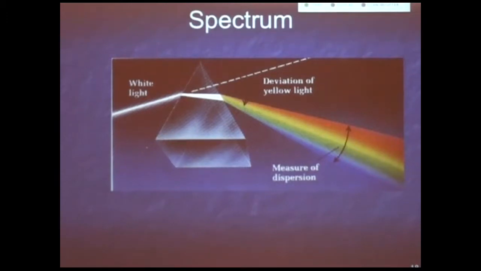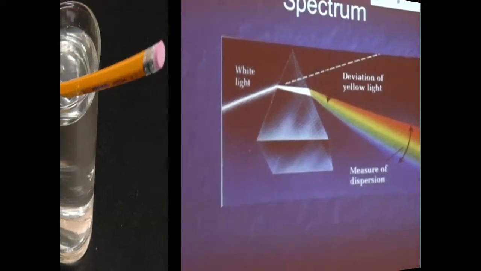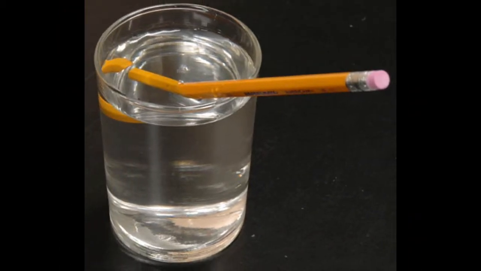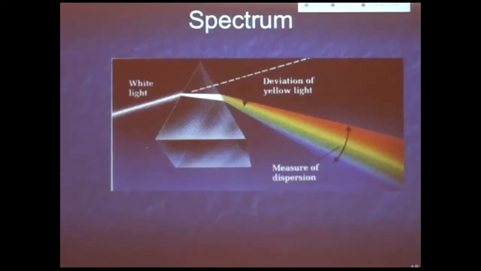What the glass is doing is bending the light. It's like when you put a pen or a pencil in a beaker of water, it looks bent. So the glass, or the water, bends the light. This glass prism bends the light, but it turns out that it bends each color a different amount.